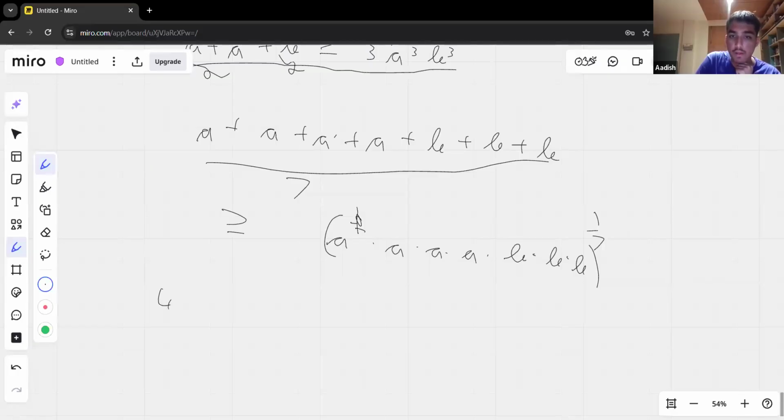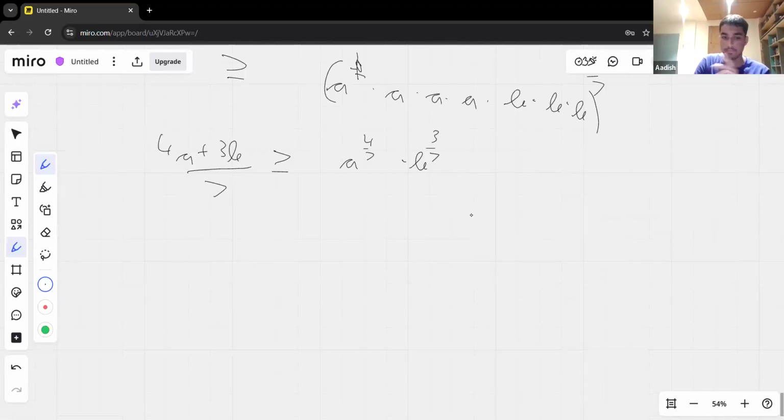So you will get (4A plus 3B) by 7 is greater than or equal to A to the 4 by 7 times B to the 3 by 7. Is everyone clear with why this is true? And you can also apply this in our problem.